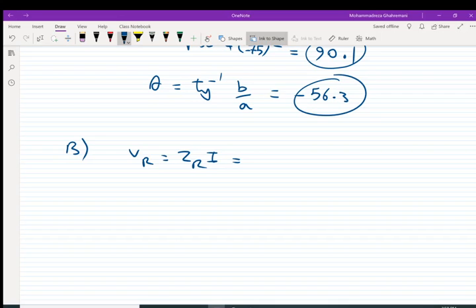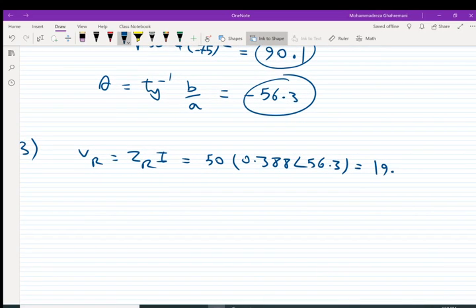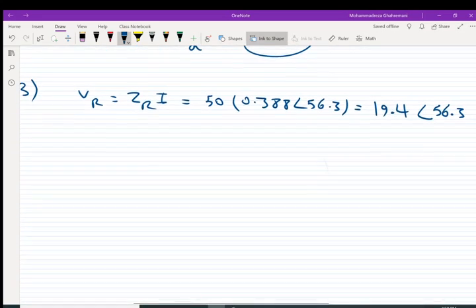All of them should be in phasor form. The ZR is 50 times 0.388 with the angle of negative 56.3, which is equal to 19.4 with angle of negative 56.3.